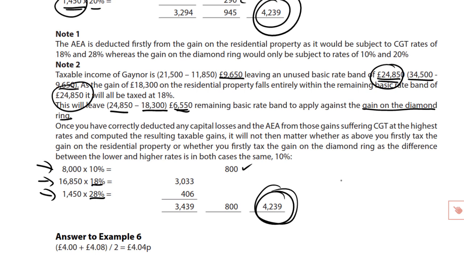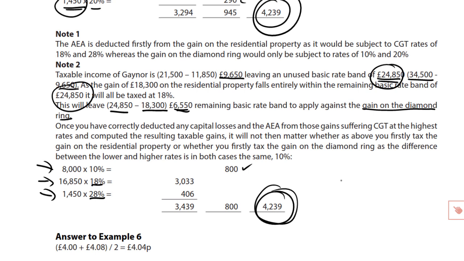Remember that the basic rate band, instead of being 34.5, may have to be increased, will have to be increased, if you've made any personal pension contributions, or as in one of these questions we've done, any gift aid payments during the tax year. Get the gross figure and add it to 34.5, get the extended basic rate band limit. See how much of that basic rate band still remains, and that then will be enjoyed by your taxable gains.